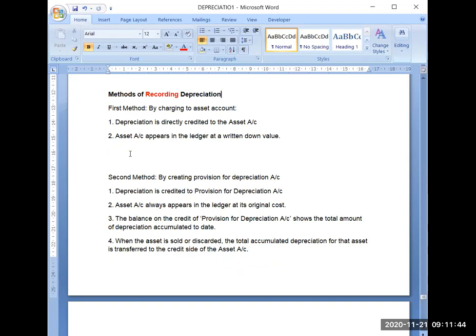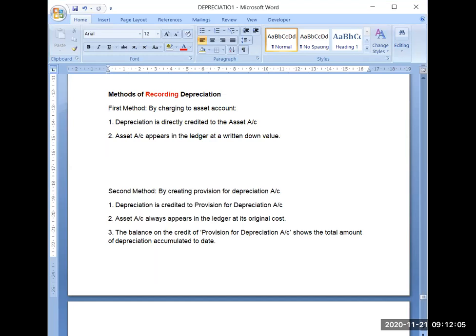So there are two methods again. The first method is that we will charge depreciation to the asset account. So when we are charging depreciation to the asset account, what journal entries are we doing? Let's see.